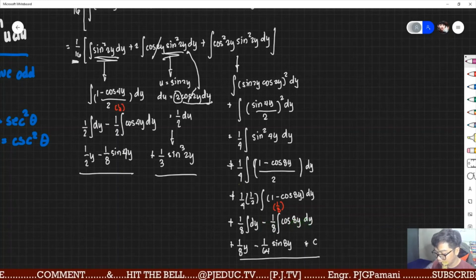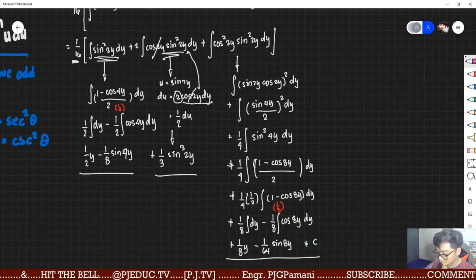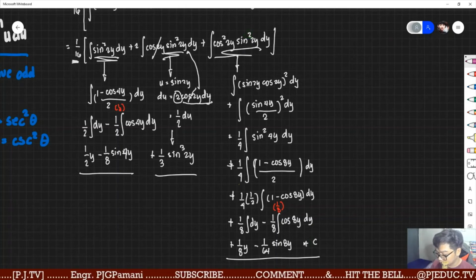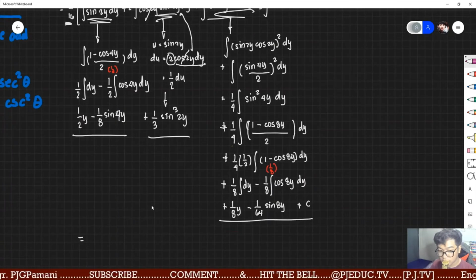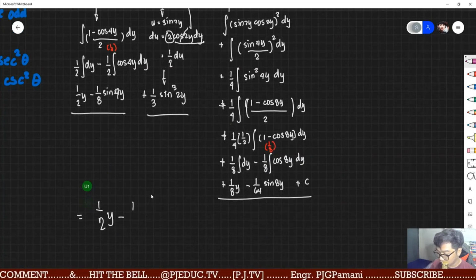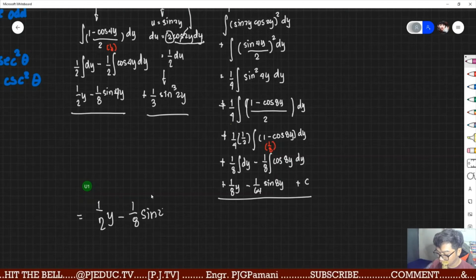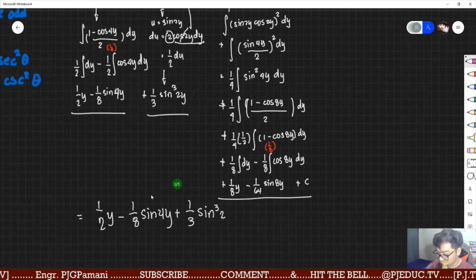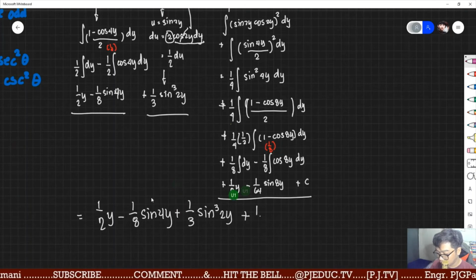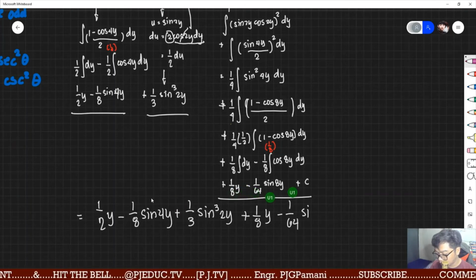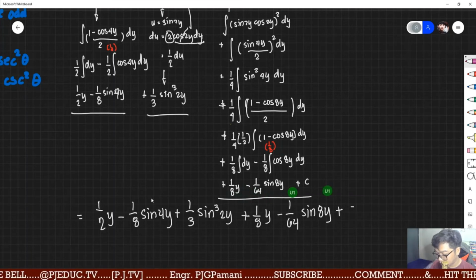So, meron na tayo nung ating last term. Kunin na natin lahat. That is now 1 half y minus 1/8 sine 4y plus 1/3 sine cube 2y plus 1/8 y minus 1 over 64 sine 8y plus c.